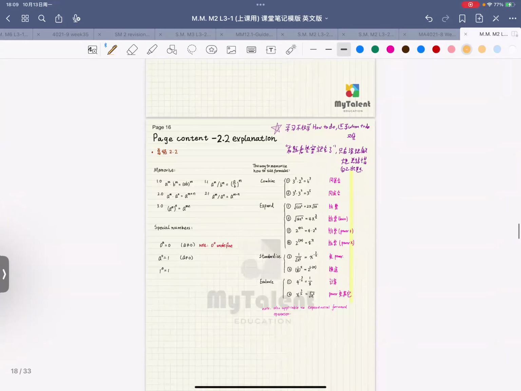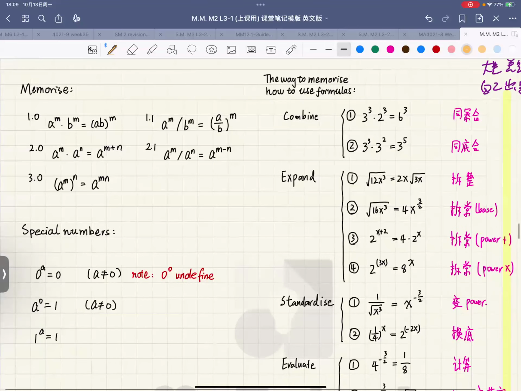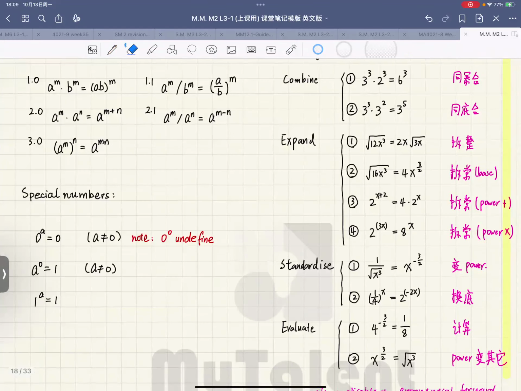Just a quick summary. So basically, that's what we covered just previously. We have this, and some special cases. 0 to the power of a is equal to 0 when a is not equal to 0. 0 to the power of 0 is undefined.